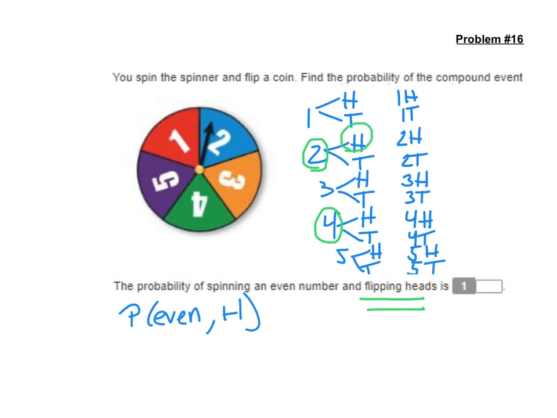So spinning a 2 and a head happens once, and a 4 and a head is another one. So that's 2 possible outcomes out of the 10. And I know some of you put in 2 out of 10 and it marked it wrong because I think it wanted you to simplify it to 1 out of 5 possible outcomes.